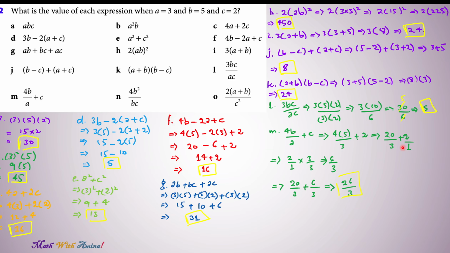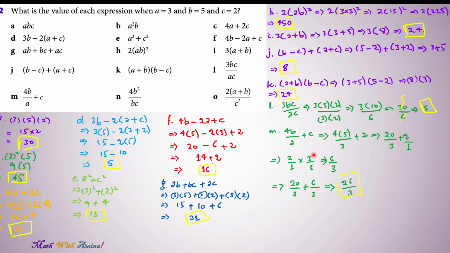For that, we will be multiplying 2 over 1 with 3 over 3. So 2 multiplied by 3 is equal to 6, and 1 multiplied by 3 is equal to 3. We will get 6 over 3. This 6 over 3 is plugged back. We get 20 over 3 plus 6 over 3. So it is this expression.